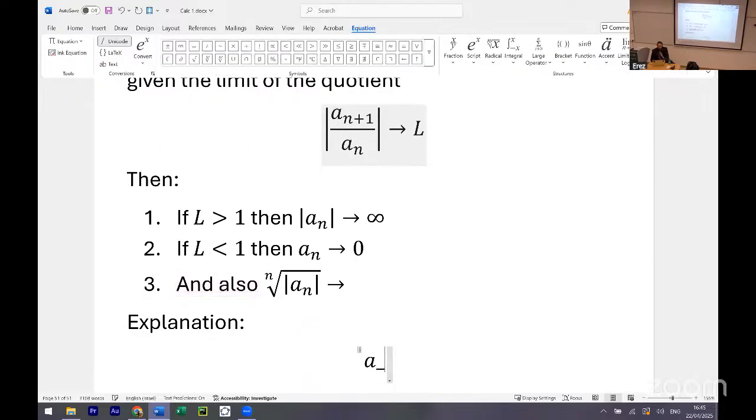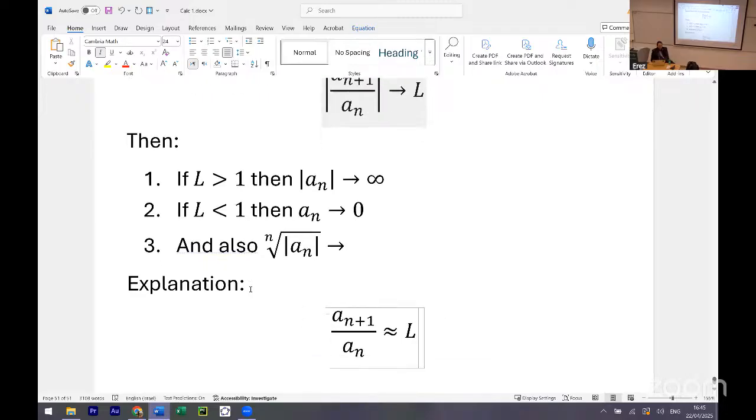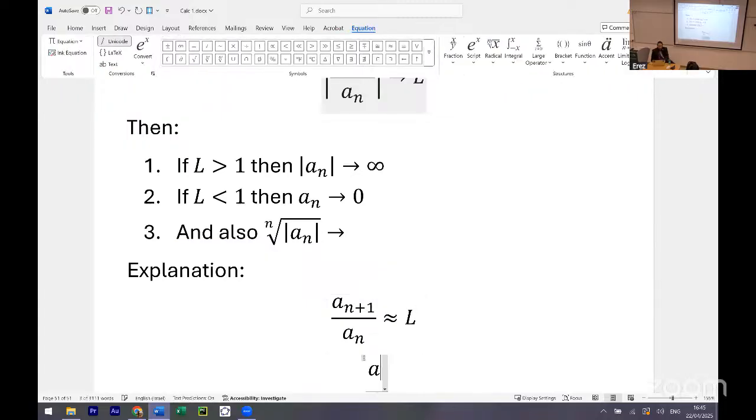If a_(n+1) over a_n is about L, that's obviously not a proof, but the idea, then what is a_n close to?